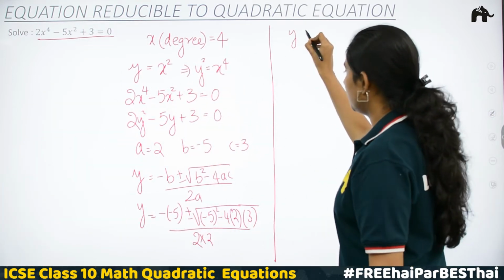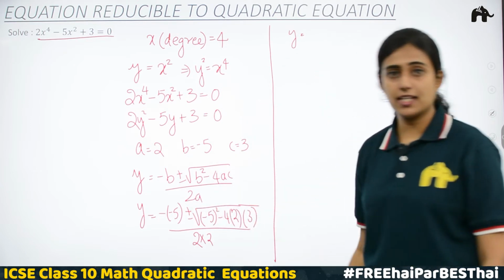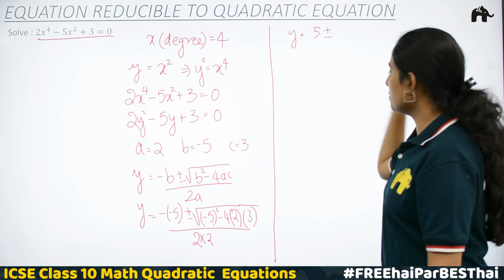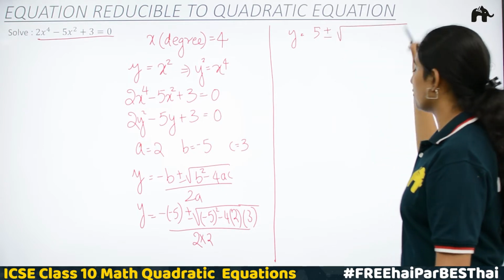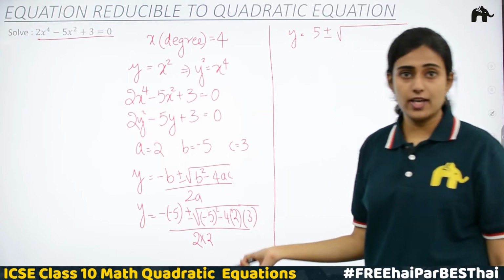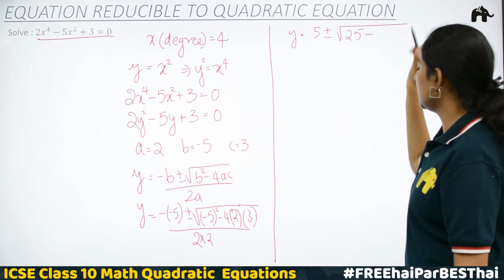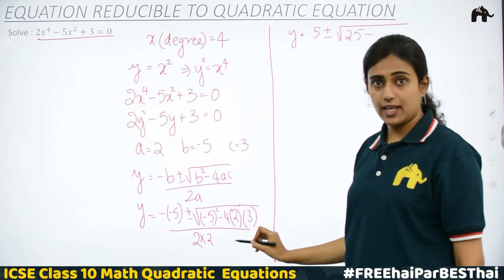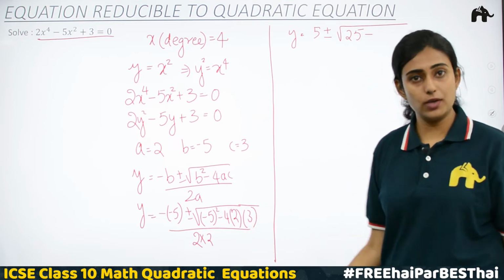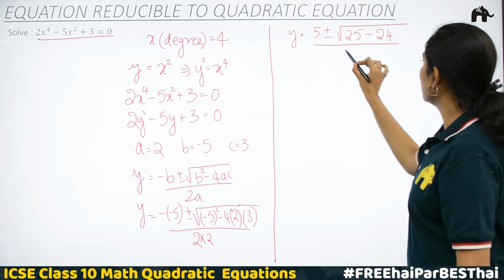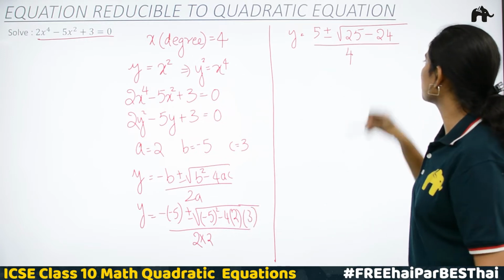Y is equal to minus of minus 5, that is plus 5 plus or minus root of minus 5 whole square is 25. 25 minus 4 into 2, 8. 8 into 3, 24. Minus 24 divided by 2 into 2, 4.